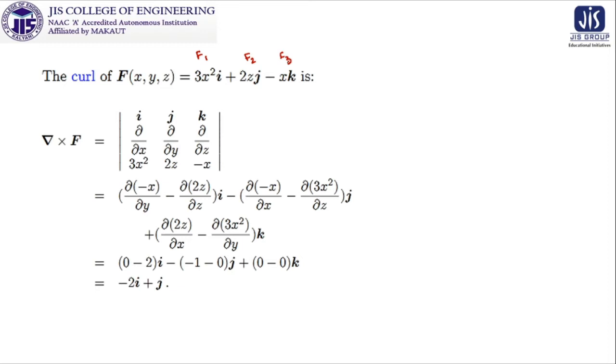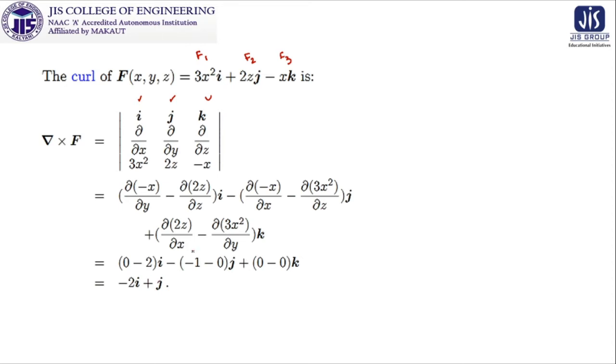Del cross f, we can write this determinant as i, j, k, then del del x, del del y, del del z, and f1, f2, f3. After that nothing is remaining, just the simplification of the determinant and the application of partial differentiation.